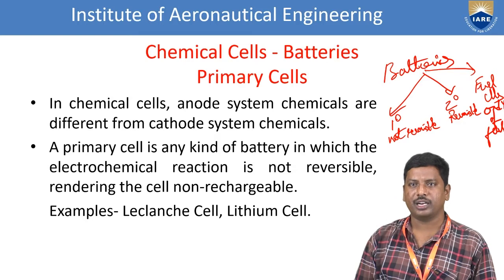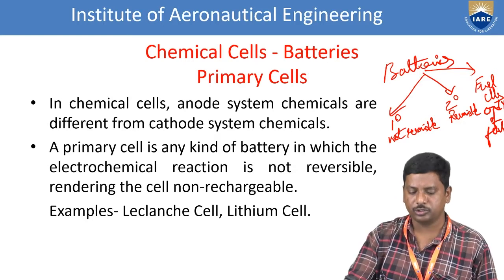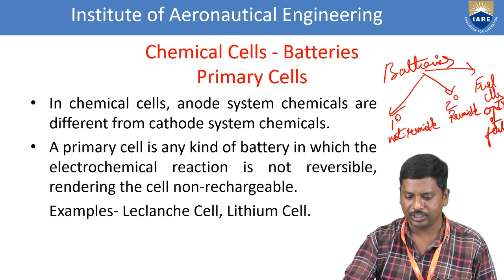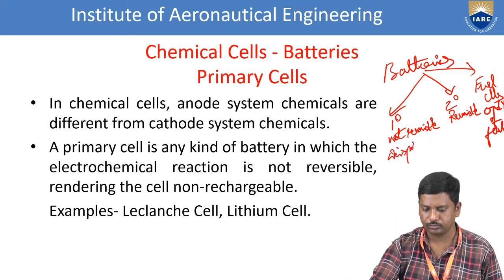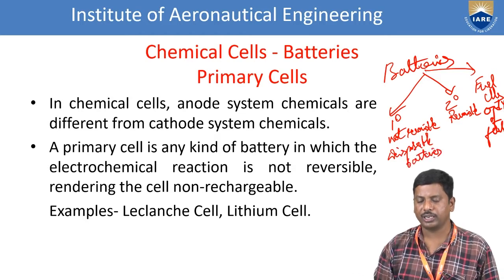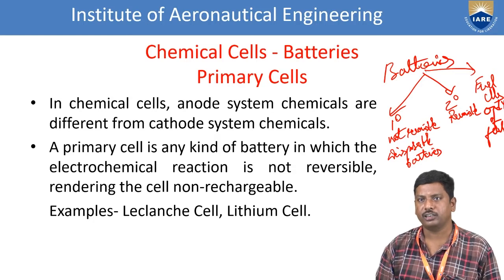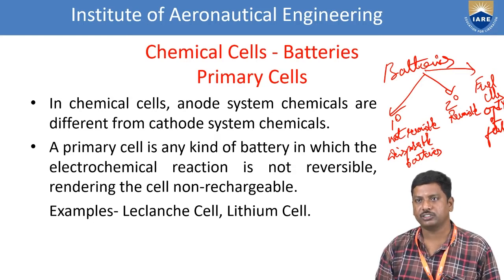Primary cells are also called disposable batteries. Primary cells are used in throwaway fashion, whereas in secondary cells the chemical reaction proceeds in forward and backward directions. That means chemical energy converts to electrical energy and electrical energy converts to chemical energy.